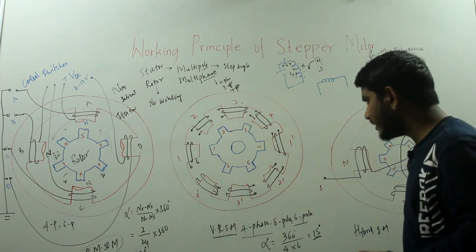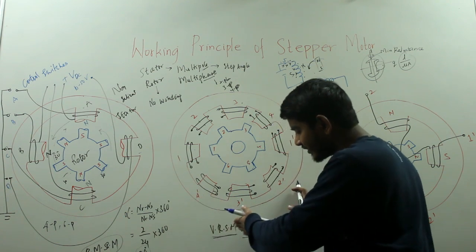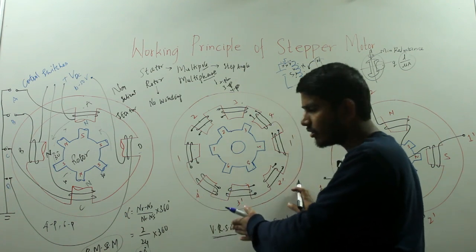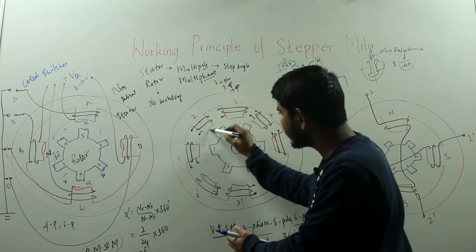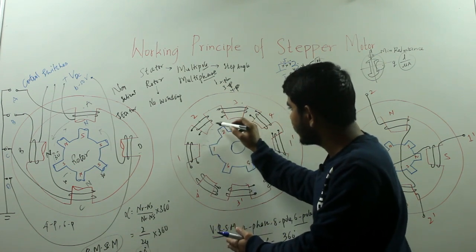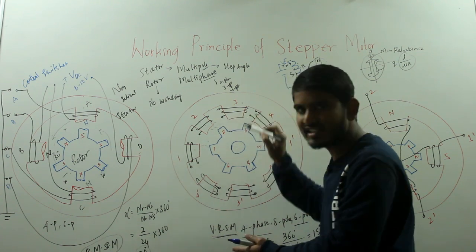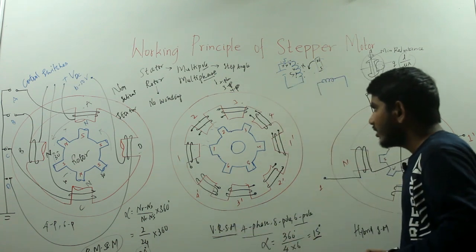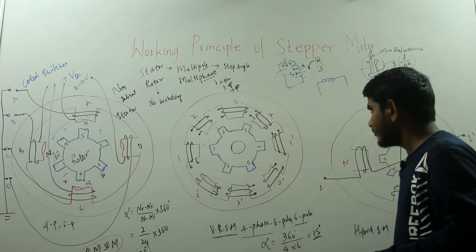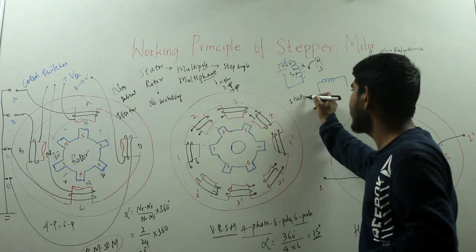Similarly, in the variable reluctance stepper motor, variable reluctance is because here you can see there is a less reluctance, and here a large reluctance, and again here less reluctance, and here again a large reluctance. So that is why it is a variable reluctance. Now, on applying a DC excitation, a stationary field will be developed.